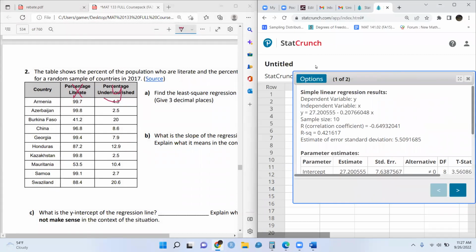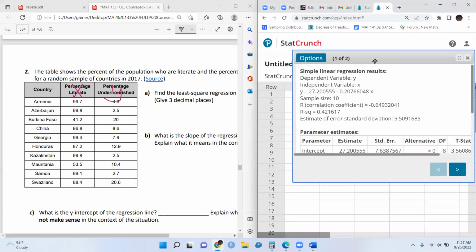Is that helpful, Laura? Okay, good. I might have typos, so this might be wrong.